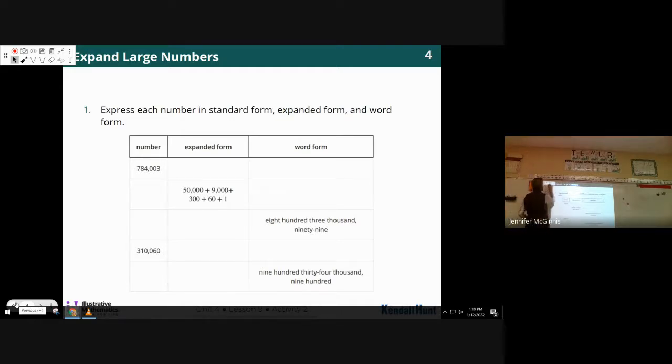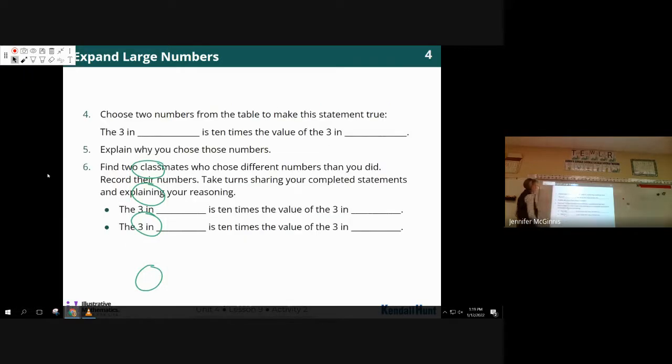You're going to go back to this chart and find a 3. The 3 in, and then you're going to write that number here, is 10 times the value of the 3 in. You're going to find a number that has a 3 that's 10 times the value.